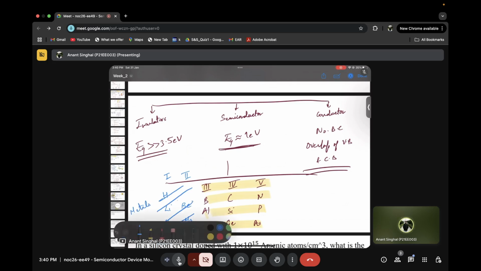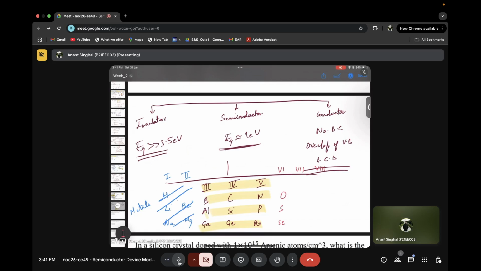Then we have groups six, seven, eight. Sorry, this should be oxygen, sulfur, maybe selenium, then we have fluorine, chlorine, bromine. So these are all insulators.